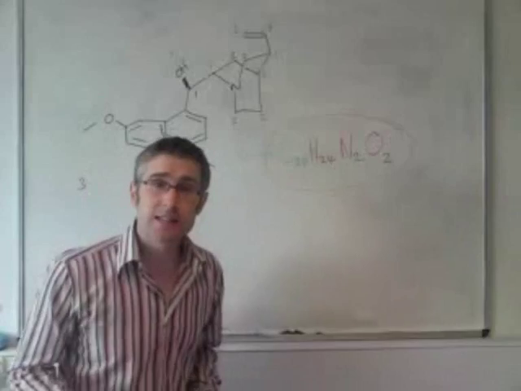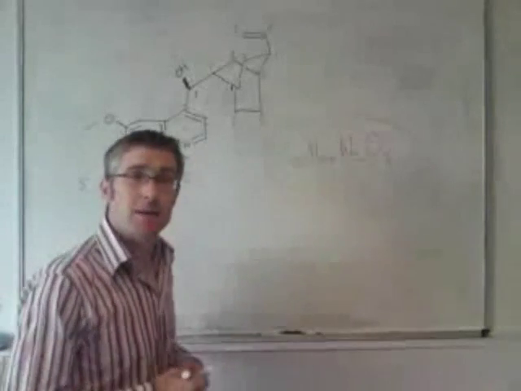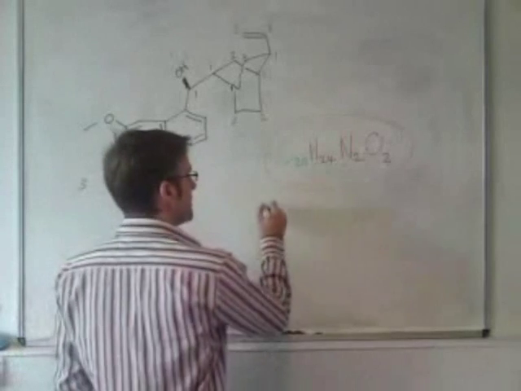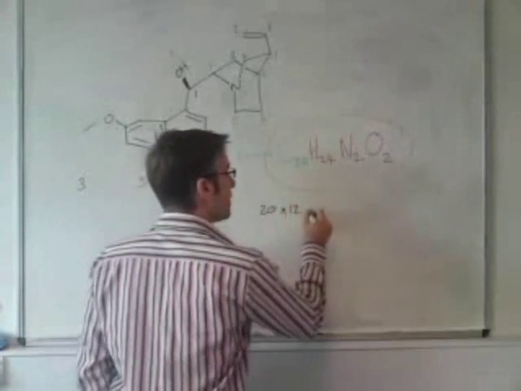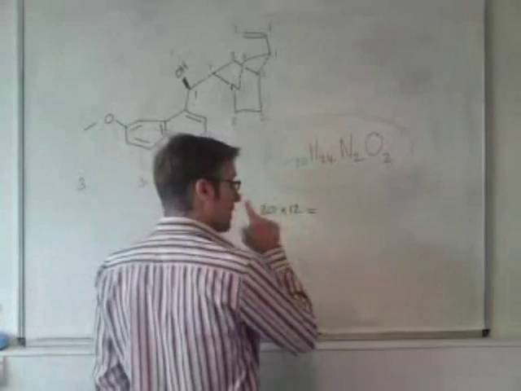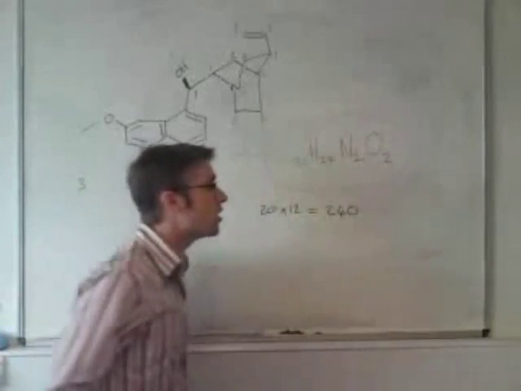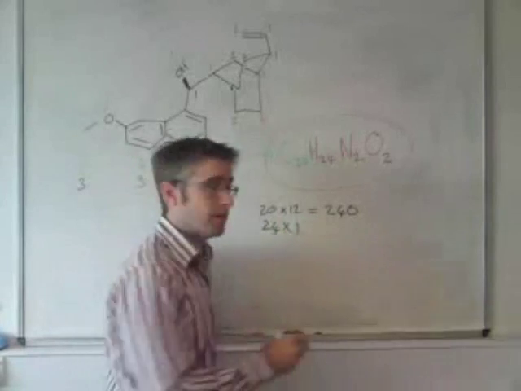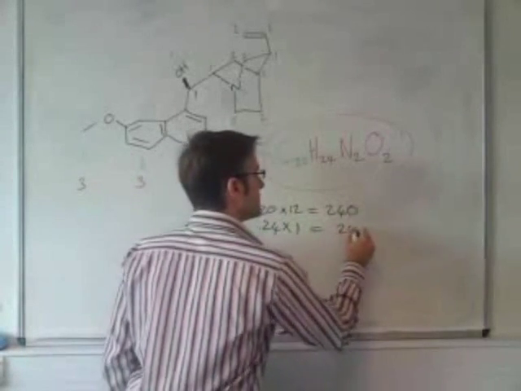We can use this to calculate the molecular mass of quinine as follows. If there are 20 carbon atoms, that's 20 times 12, the atomic mass of carbon, that gives us a mass of 240. There are 24 hydrogens times 1 equals 24.